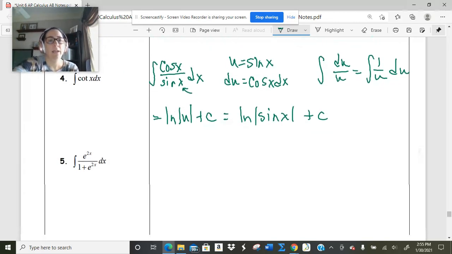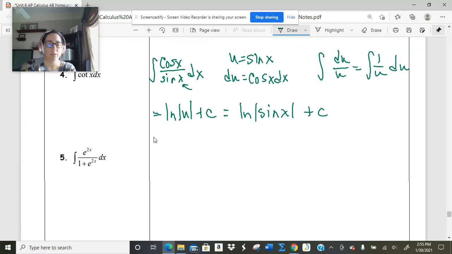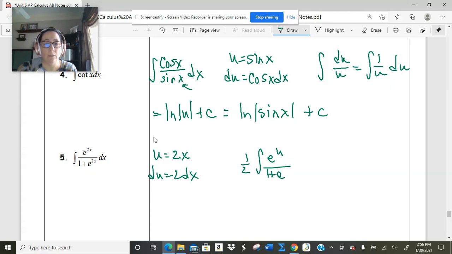Here, let's look at this next one. Okay, so a lot of times people think I'm going to pick my u to be the 2x. So don't write this down. I'm just going to show you because you're like, oh, that means it's wrong. So if I pick my u to be the 2x, I have e to the u over 1 plus e to the u du.